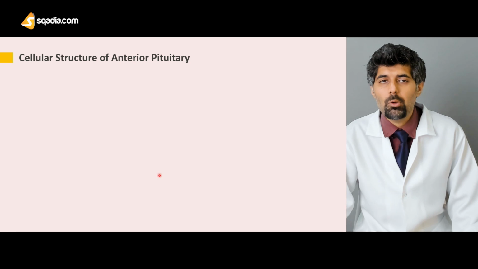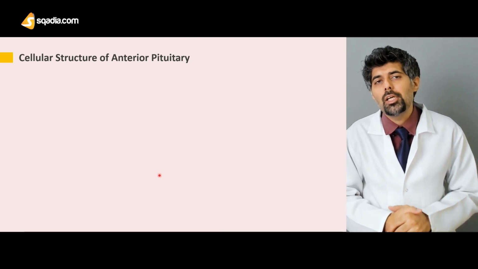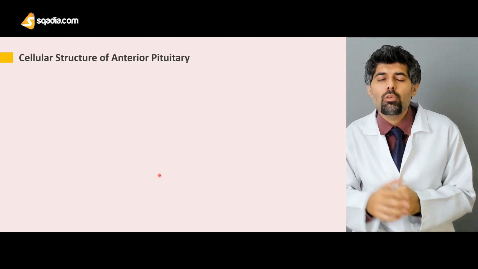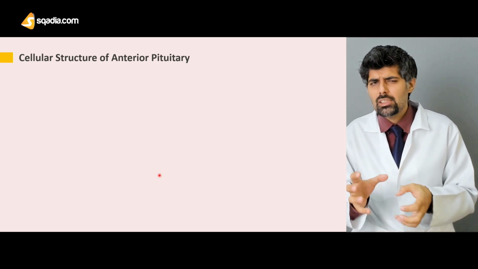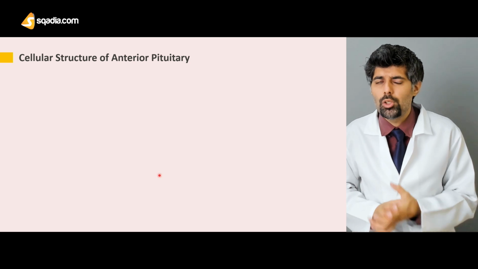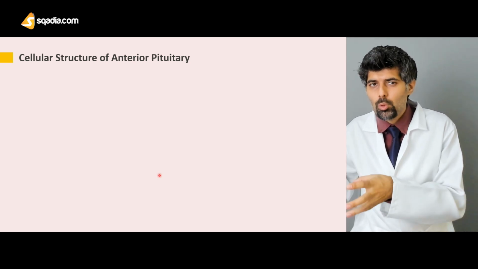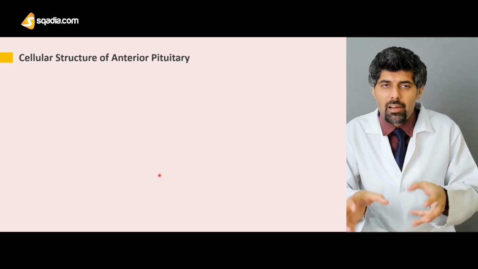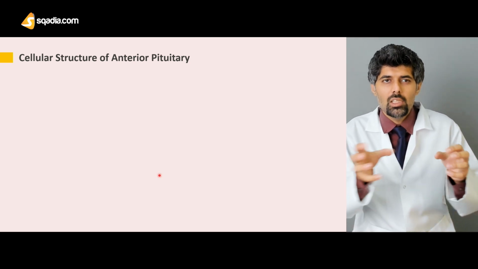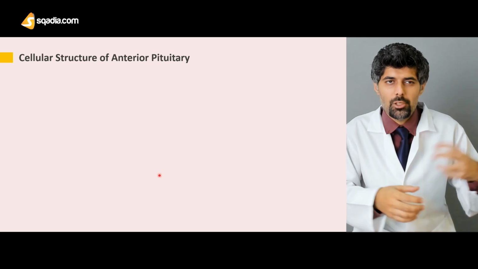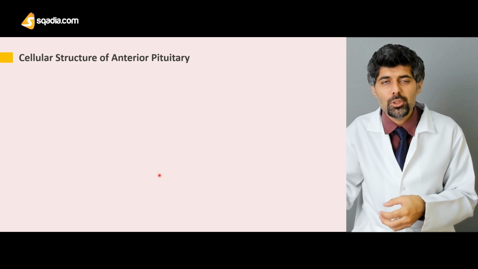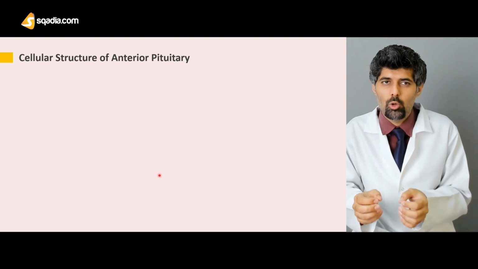Next, we're going to talk about the cellular structure of the anterior pituitary. Now, the cellular structure of anterior pituitary is very straightforward, because we know that both the anterior pituitary and the posterior pituitary have very different cellular structure. Anterior produces its own hormones while the posterior pituitary only stores those hormones.